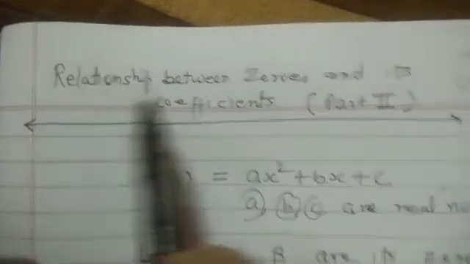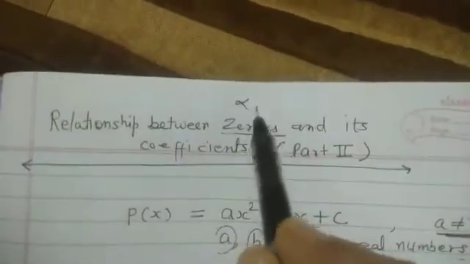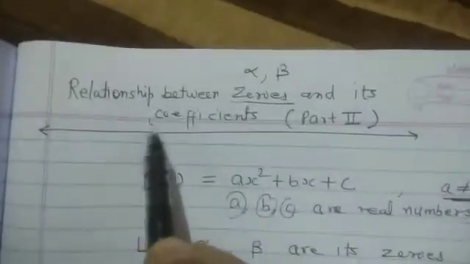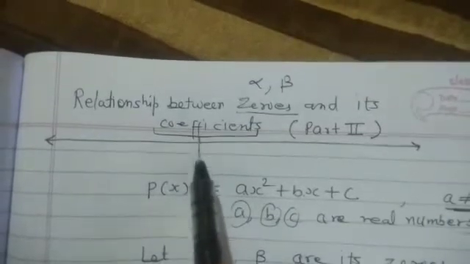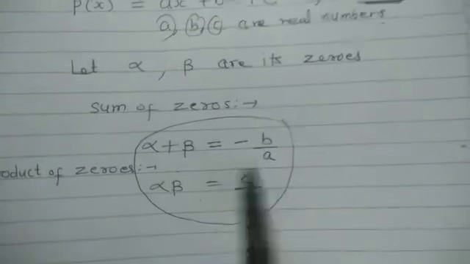And what was our topic? Relationship between zeros and coefficients. Zeros means alpha and beta, and coefficients are a, b, c. It means, what is the relationship between the coefficients and its zeros?